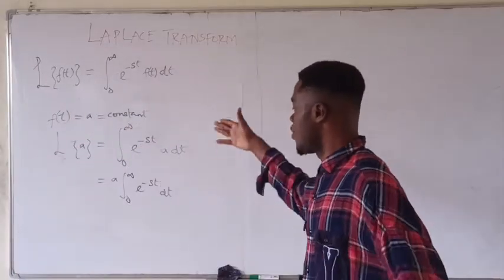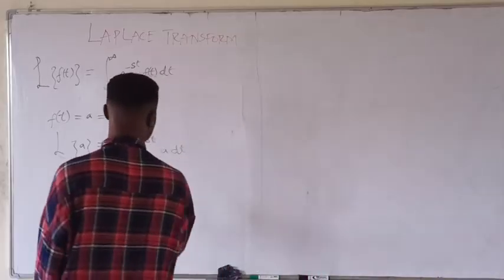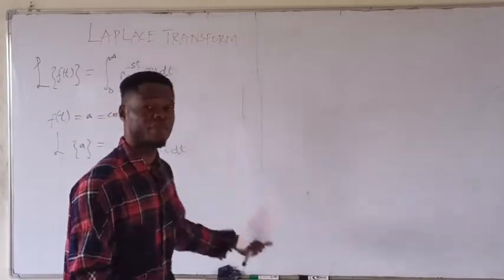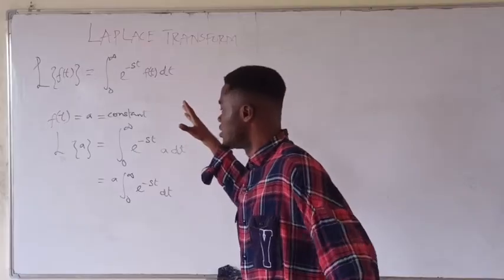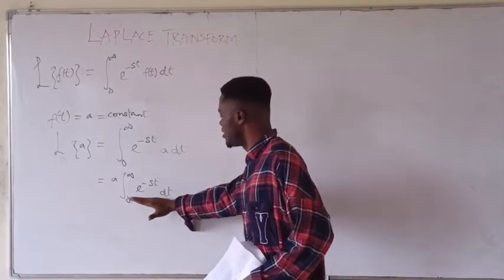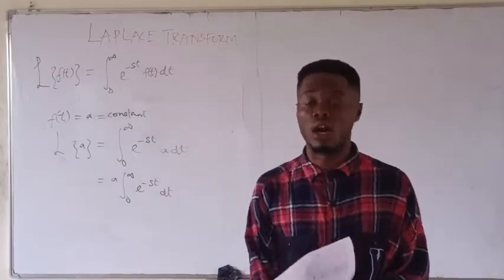From here now, we can integrate further. The only thing we need to integrate is the exponential of minus st. If we can integrate it, then we have been able to decipher this integral. It's a basic integral.